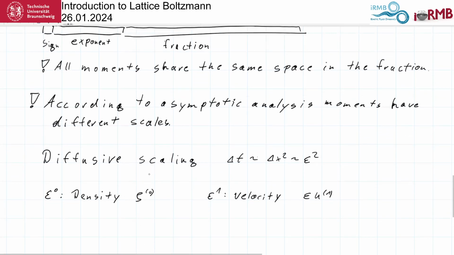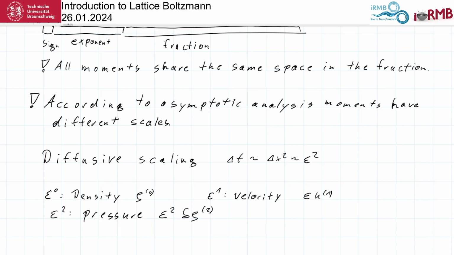And at epsilon squared we get the pressure, the change in density, which is what we take the pressure proportional to.